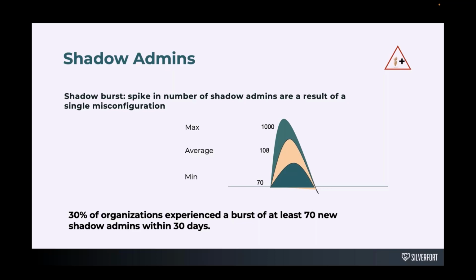I assume, only a guess, that if we had monitored for more than 30 days, say 60 or 90 days, the percentage would rise. Any questions on shadow admins so far?